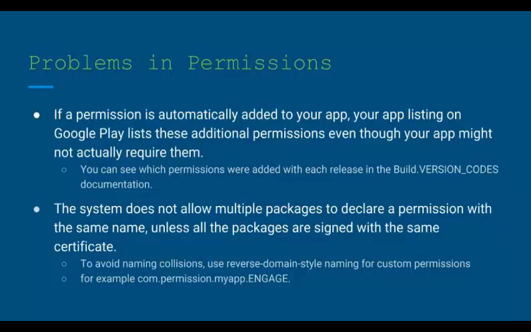So to avoid naming collisions, try to use the reverse name style in custom permissions. For example, com.myapp.permission dot the permission itself. So just put your app name in the permission so conflict doesn't happen.